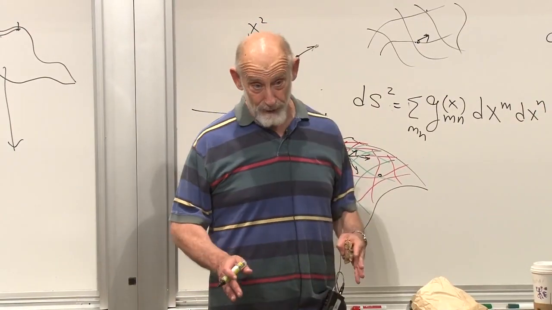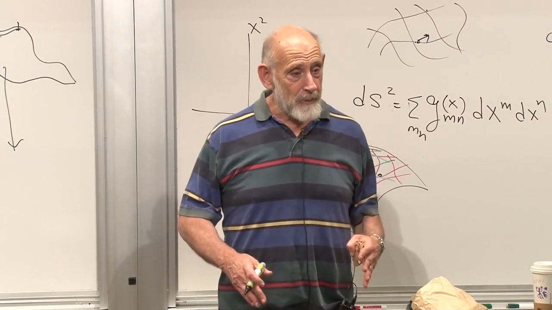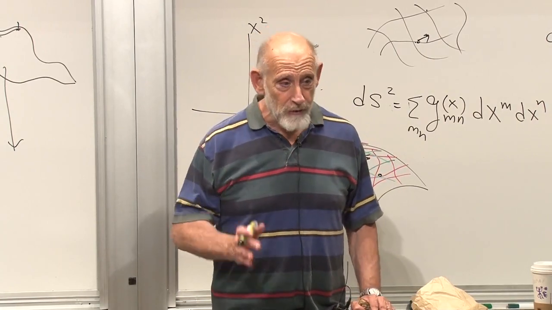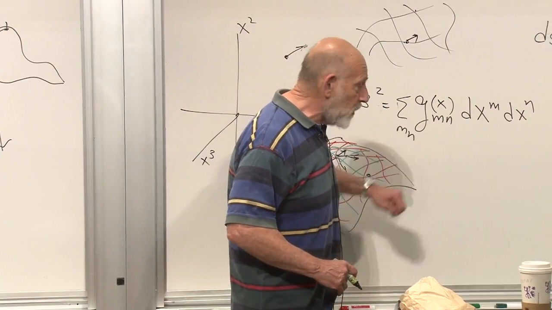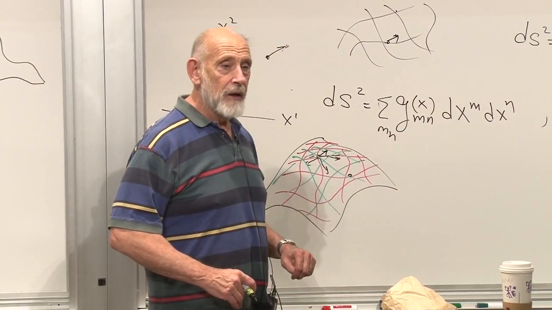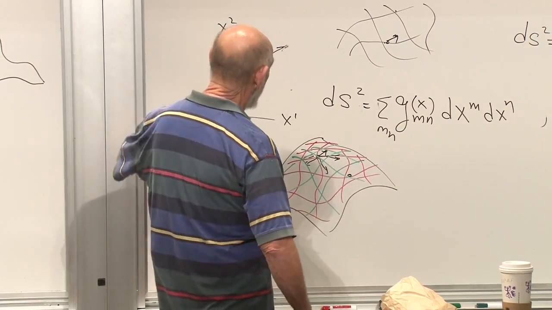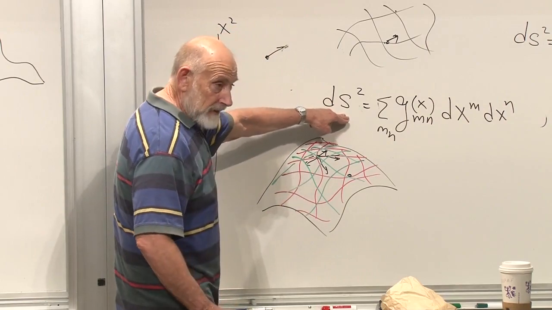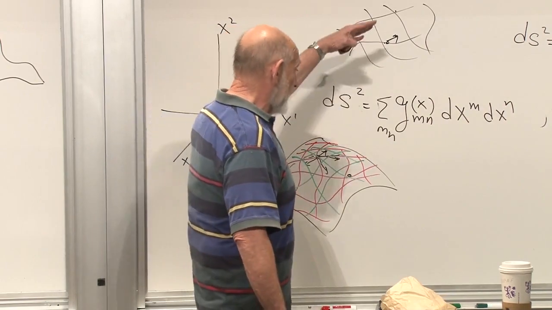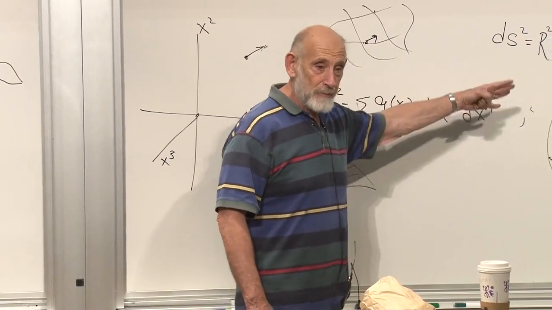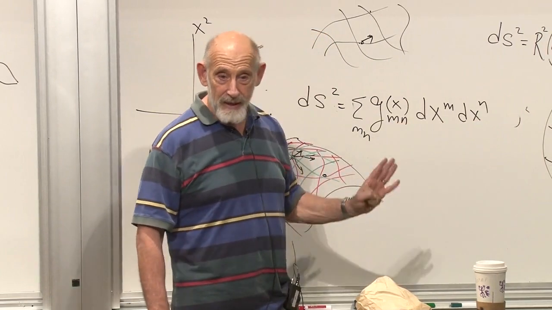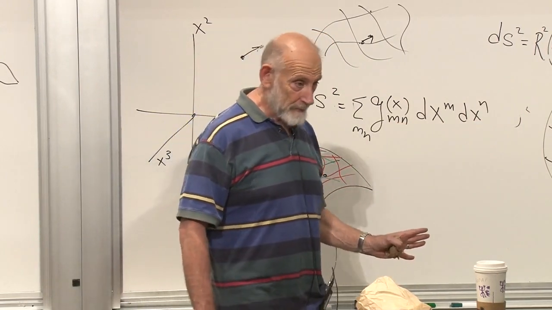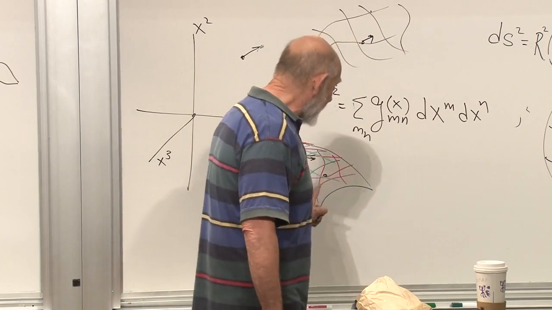Now, what does it mean for it to be flat? What it means to be flat is that you can find a coordinate transformation, a different set of coordinates, in which the interval, the distance formula, is just x1 squared plus x2 squared plus x3 squared, as it would be in Euclidean geometry. That's the definition of a flat space.